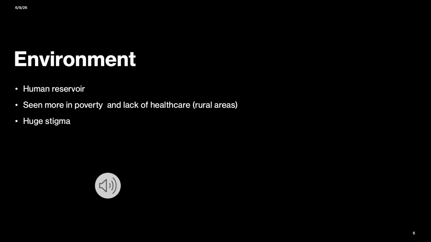It's suggested that HIV originated from a similar virus found in chimpanzees in Central Africa, and then it was transmitted to humans. Since its discovery, HIV has become a very significant infectious disease worldwide, affecting millions of people.